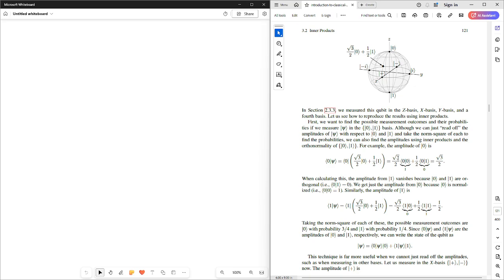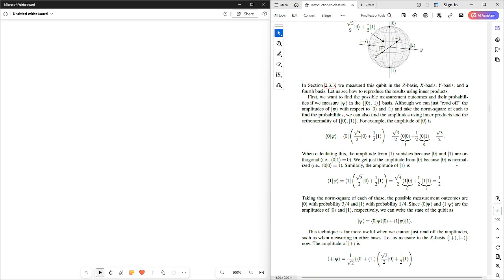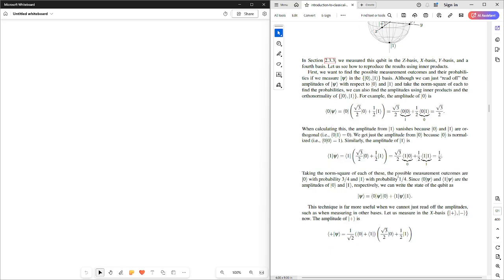We can take the inner product of state 0 and psi, and we wind up with the amplitude alpha for state 0. Similarly, we can take the inner product of state 1 and psi, and we wind up with the amplitude for state 1. We take the norm square of those, and we get 3/4 and 1/4.